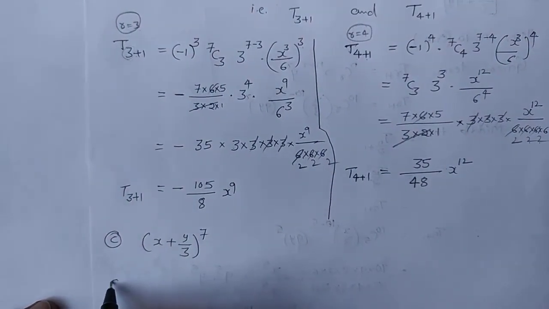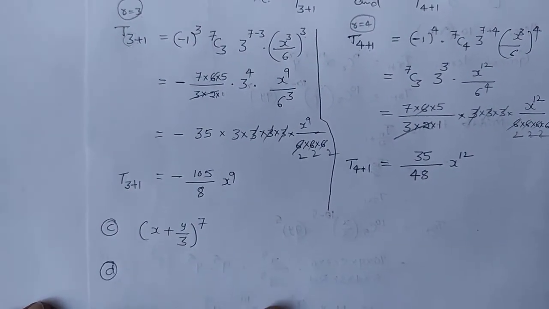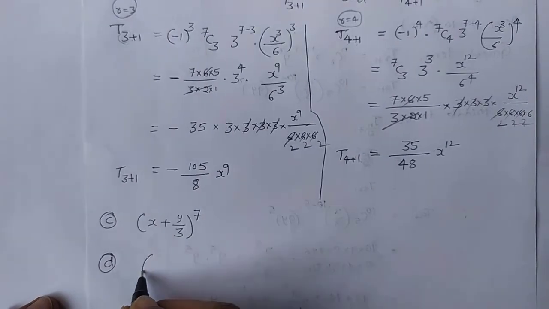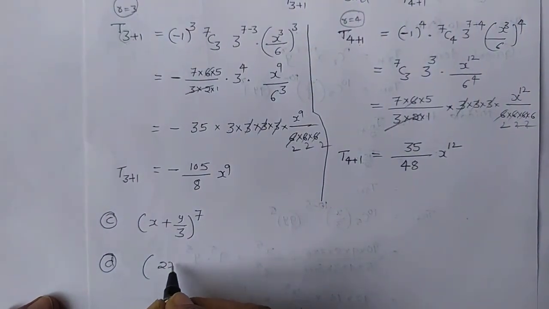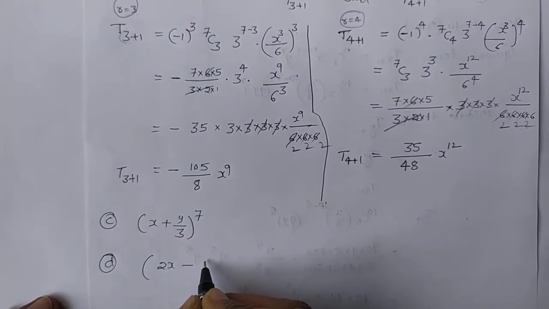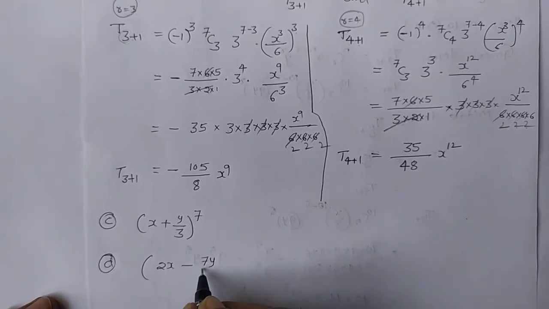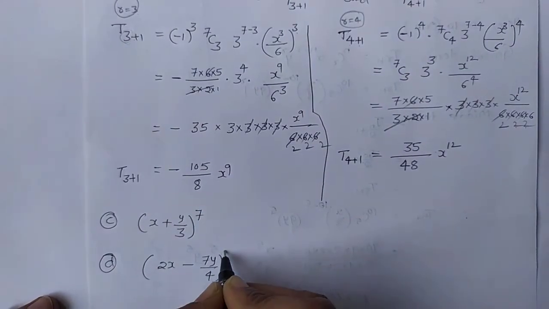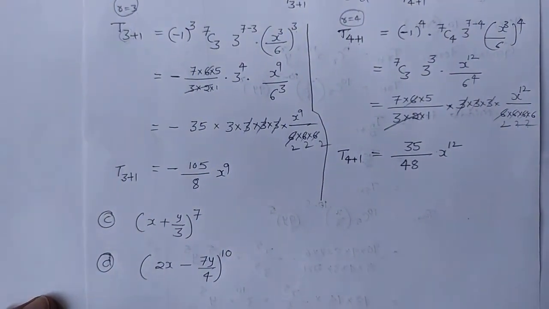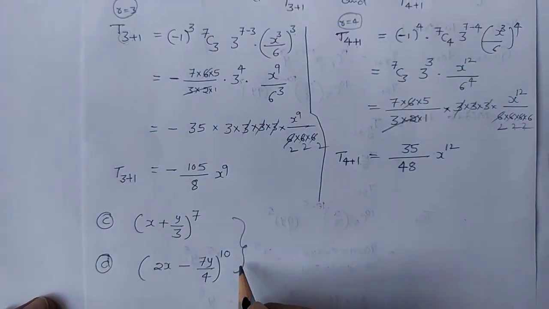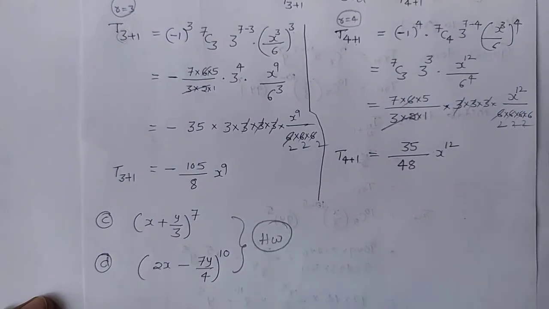Next, fourth question: (2x minus 7y by 4) whole power 10. So these are the 2 questions homework for you.